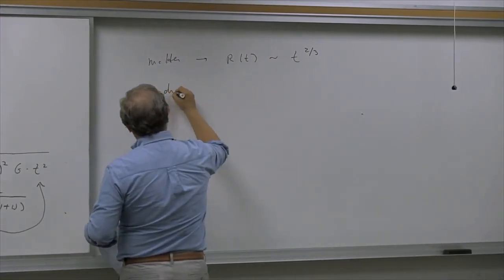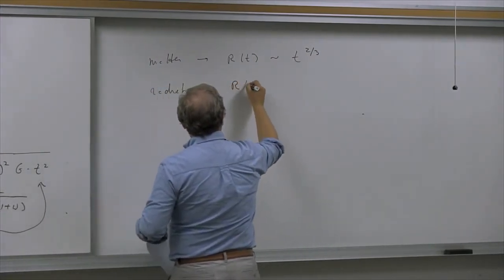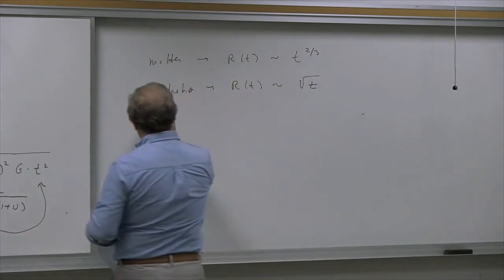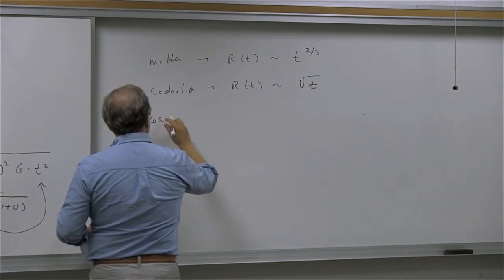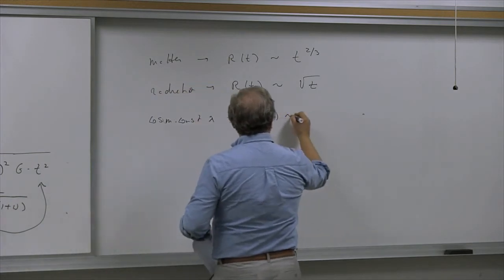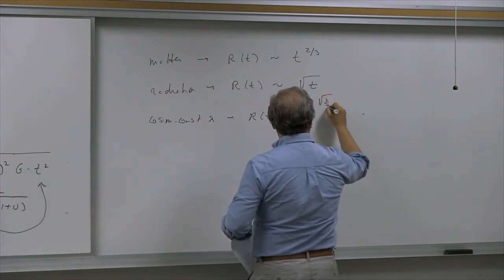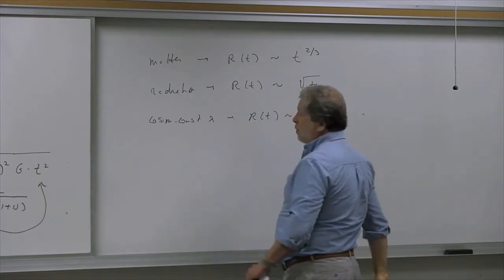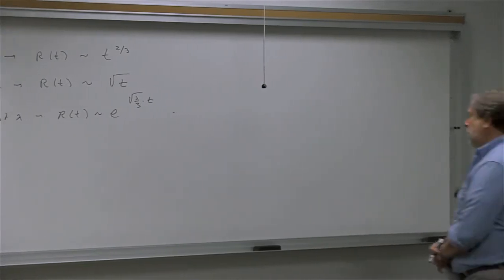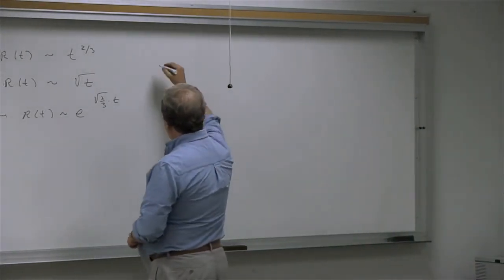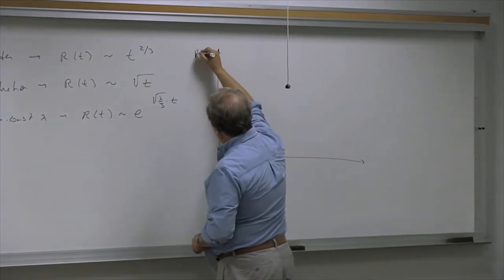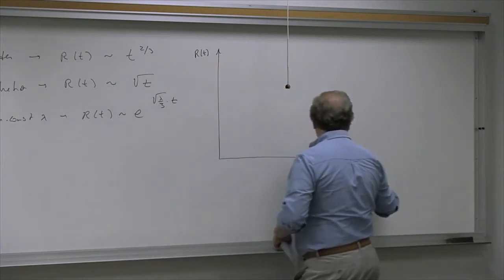For radiation, R of T goes like the square root of T. And for the cosmological constant, lambda, R of T goes like e to the square root of lambda over 3 times T. So the expansion is a power law in the first two cases, but it's an exponential expansion for the cosmological constant. And so, as I said, that means that you can make a plot of R of T versus T.